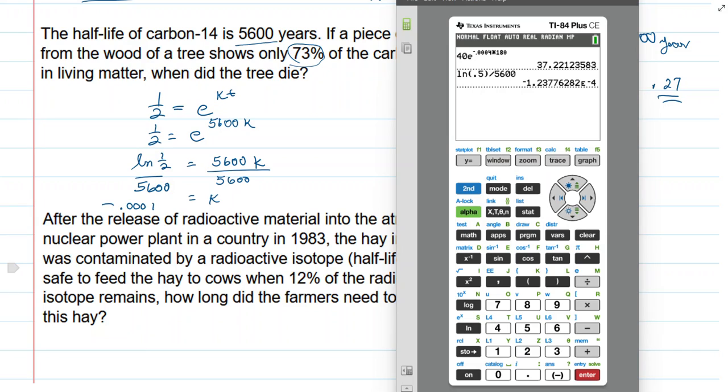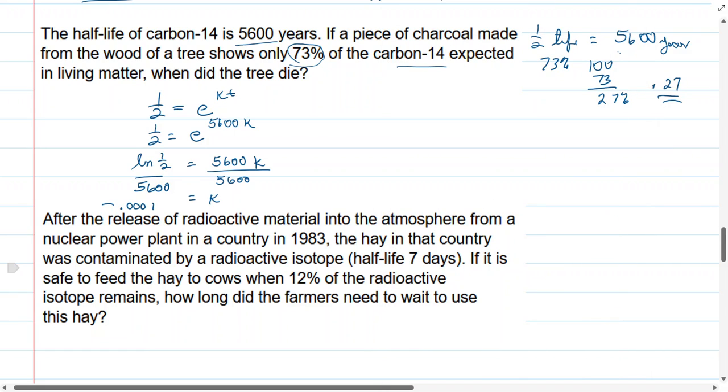And now this is where it gets me. If a piece of charcoal made from wood of a tree shows 73% of the carbon 14 expected in living matter, when did the tree die? So we're talking time, and we're talking 27%.